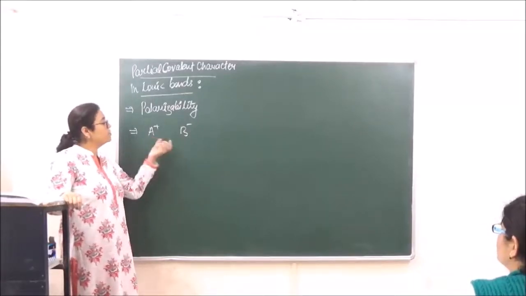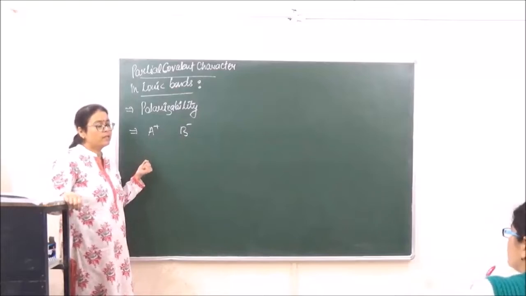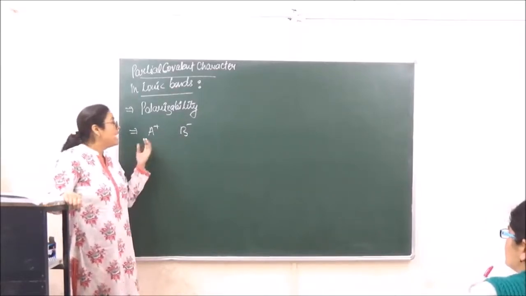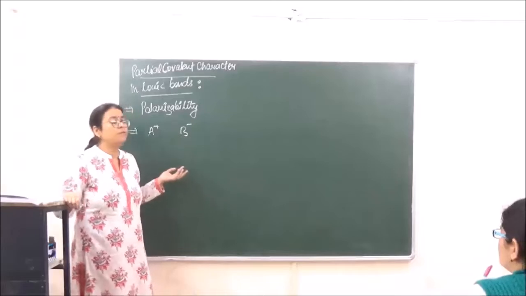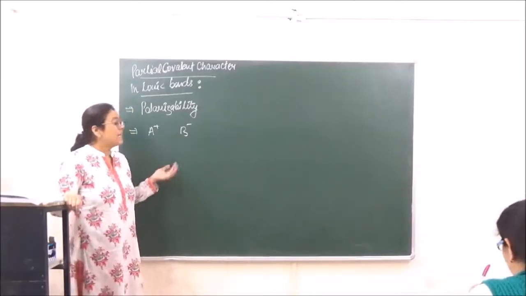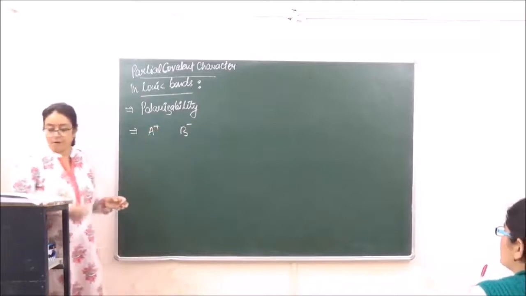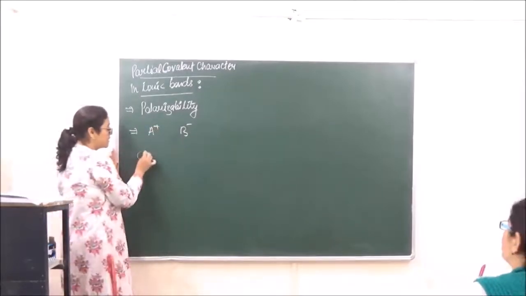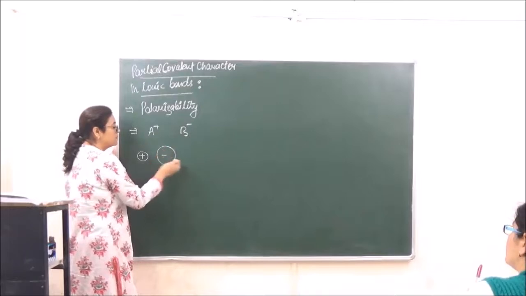So it is going to attract the outermost shell of the negative charge of the anion towards itself. As a result, it distorts the electron cloud of the negatively charged anion. And this is known as polarizability. Okay? So for example, let's just try to depict it with the help of a figure.